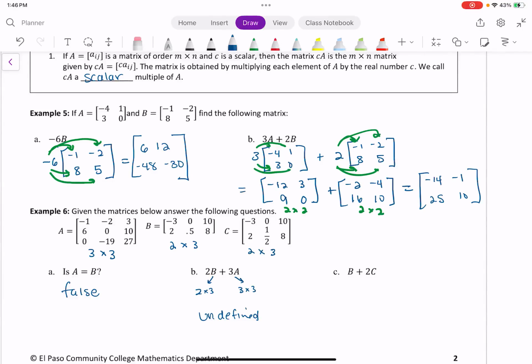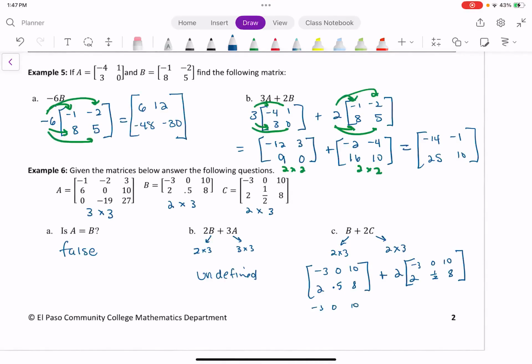Let's look at B plus 2C. What's the order of B? 2 by 3. What's the order of C? 2 by 3. Will I be able to add? Yes. So I'm going to carry out the operation. Negative 3, 0, 10, 2.5, and 8. Plus 2 times negative 3, 0, 10, 2, 1/2, and 8.